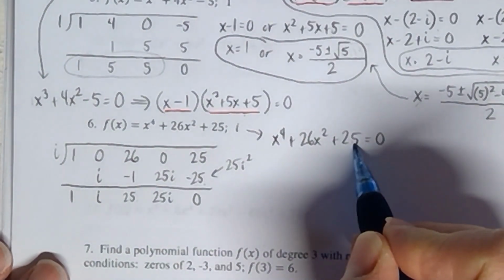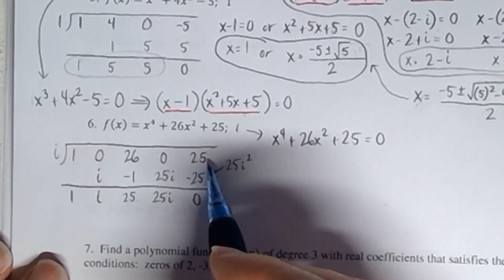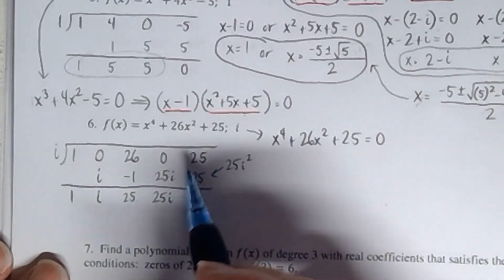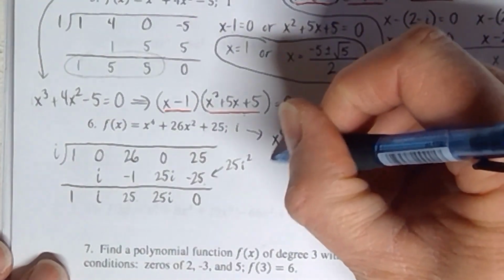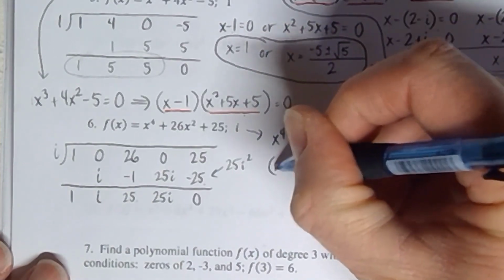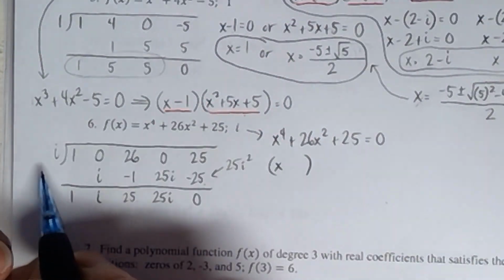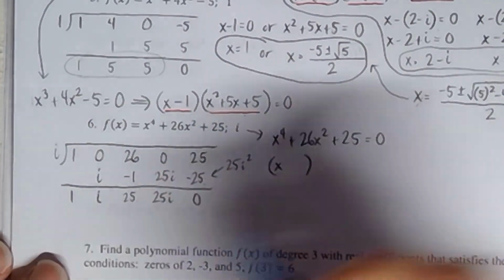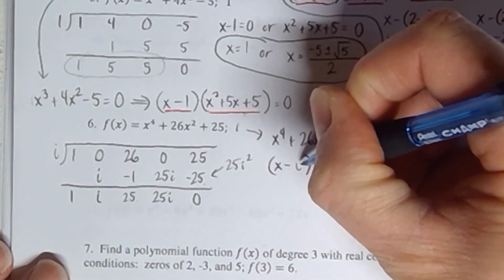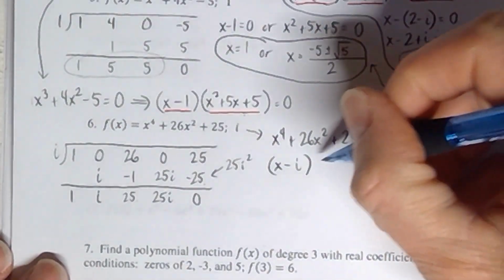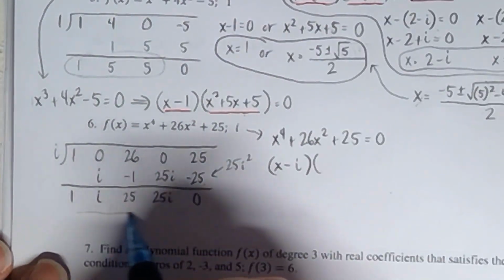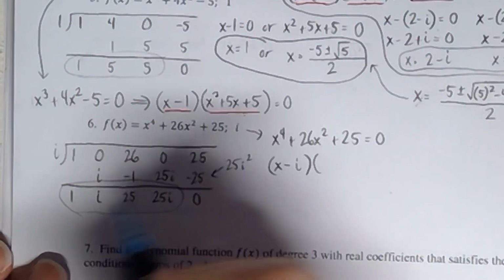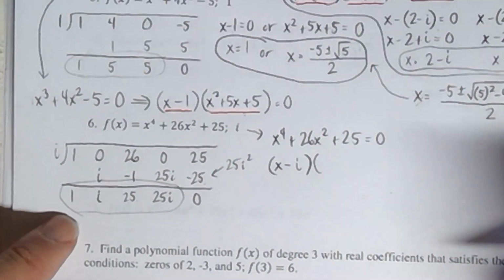This thing, when we factor it down, since we put it into the top of the synthetic division here, the first factor is going to be x, and then since this is just a single term, not one of those problems that has two terms, you just change the sign of that, so now it's minus i. And then the bottom row here, not including the 0 remainder, is going to tell you everything else in the other bracket.